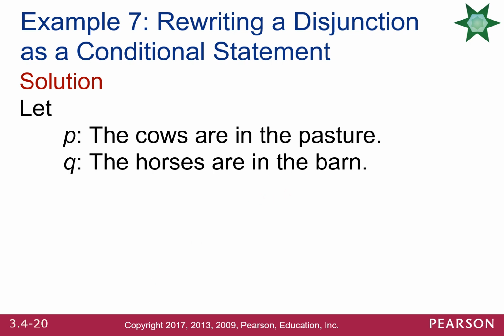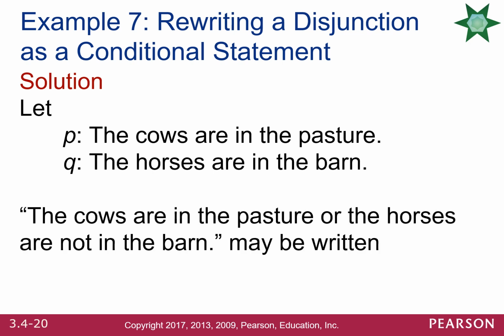And the next step is to write the compound statement in symbolic form using P and Q. So it says the cows are in the pasture or the horses are not in the barn may be written as P or not Q. And that's exactly the way we had also represented the statement in symbolic form, right?